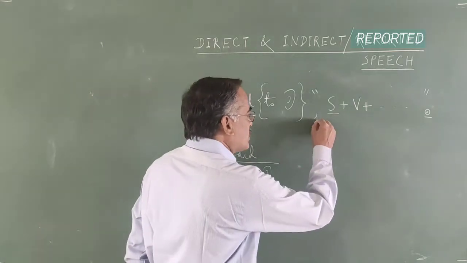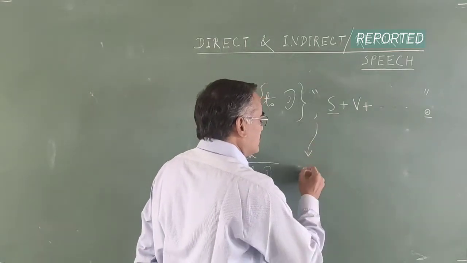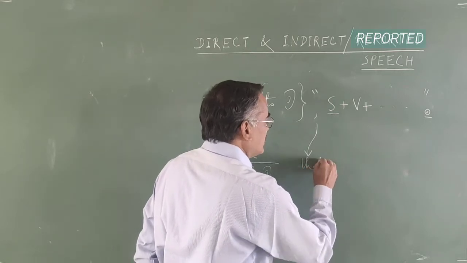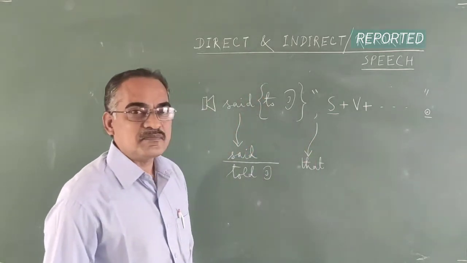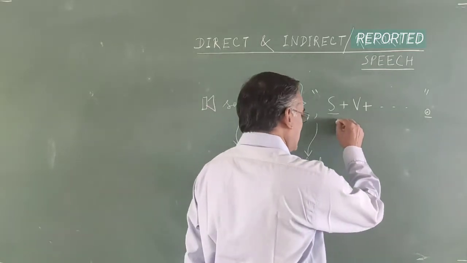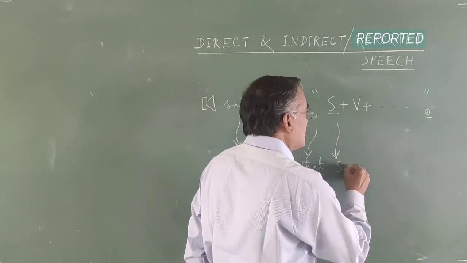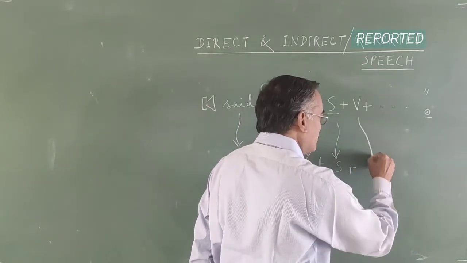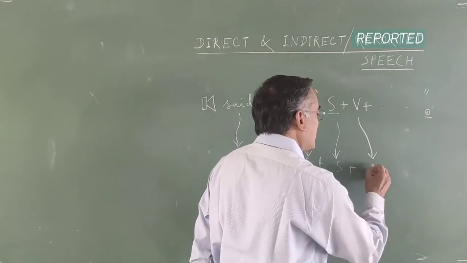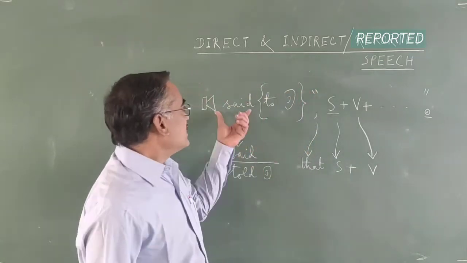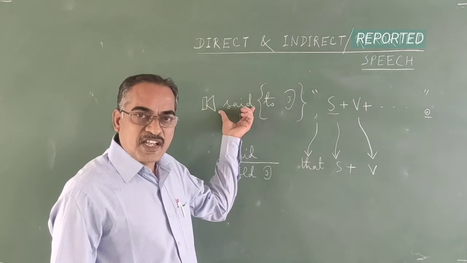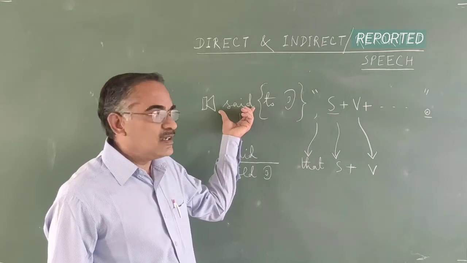Then these quotations are replaced with the conjunction that. Then the subject is brought down, followed by the verb. But when we write the verb here, the reporting verb, this I told you, reporting verb, right?